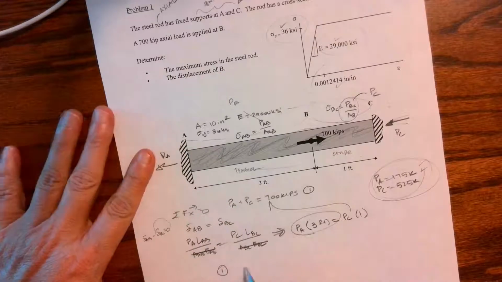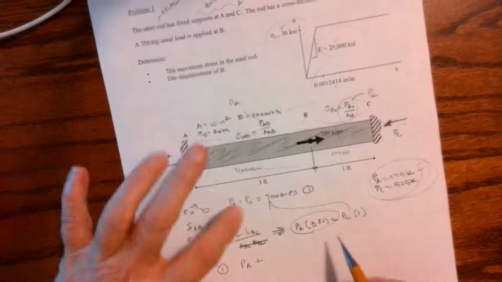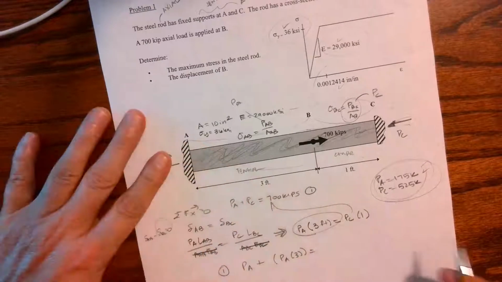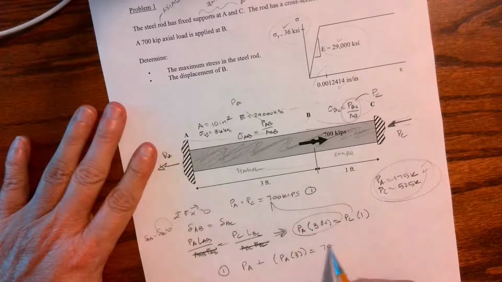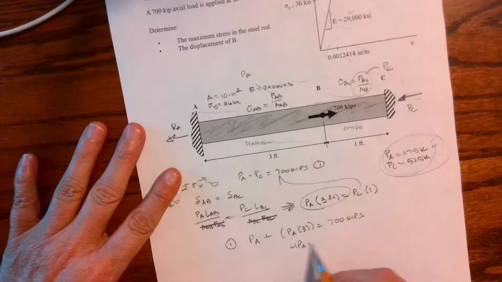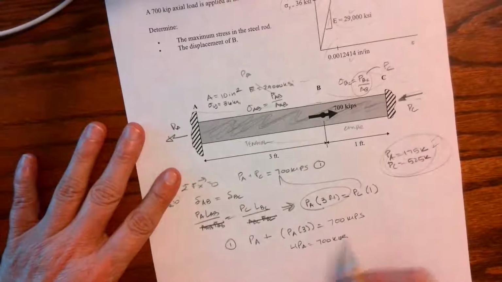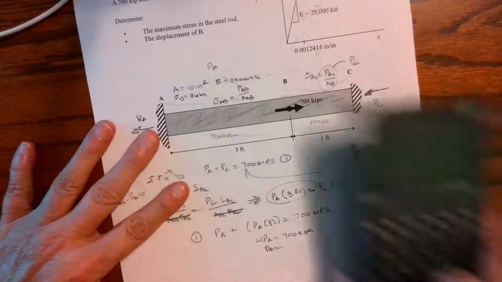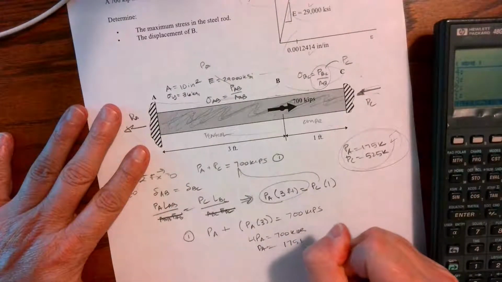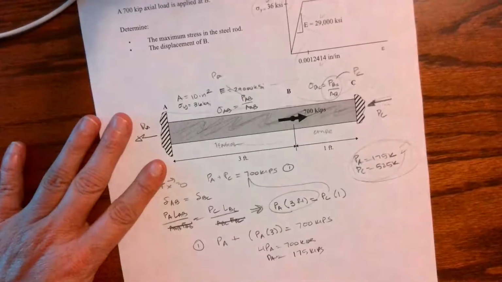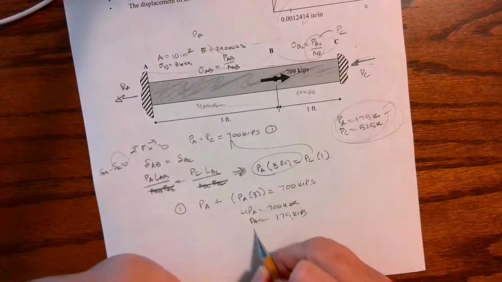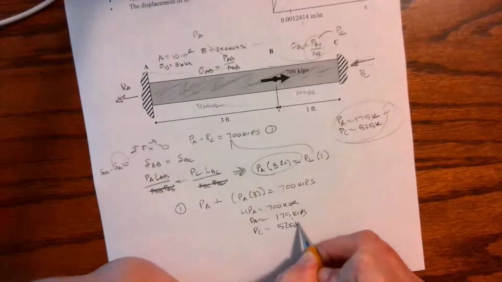So equation 1, I have PA plus PA times 3 equals 700. Then I get 4 PA equals 700 kips, and I'm going to find that PA equals 700 divided by 4. It equals 175 kips. And if this equals 175 kips, well, I already told you, PC equals 525 kips.